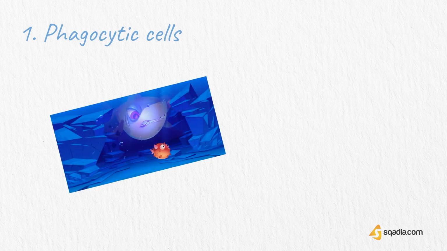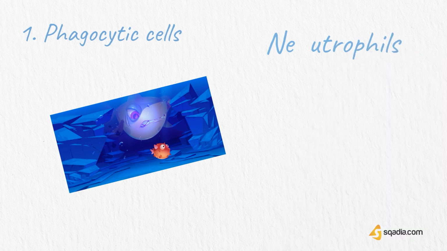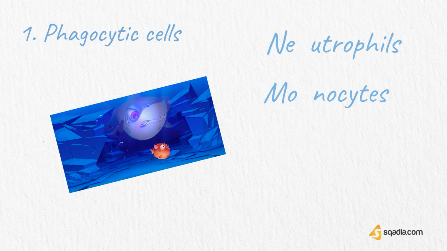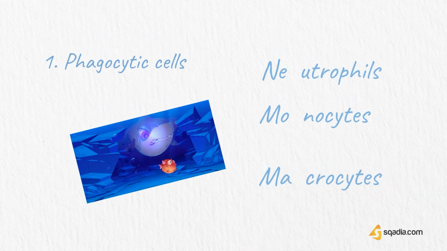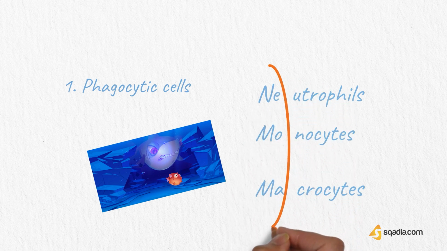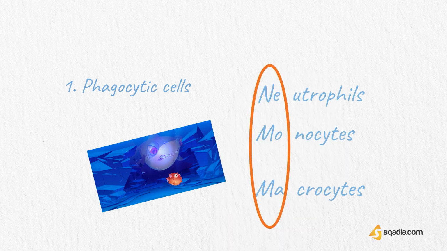First two letters are for phagocytic cells, Nu for neutrophils, Mo for monocytes, Ma for macrophages. Here we are. These are phagocytic cells, neutrophils, monocytes, and macrophages, part of our innate immune system.